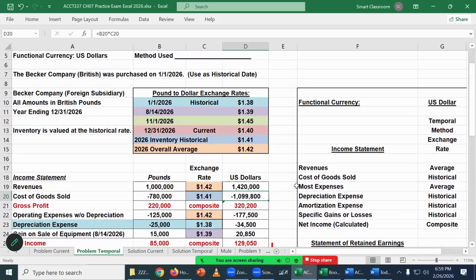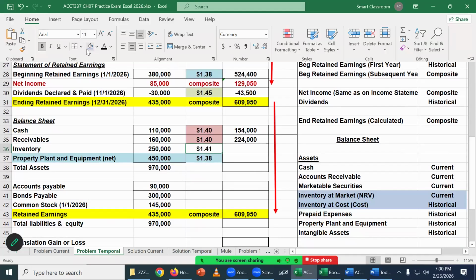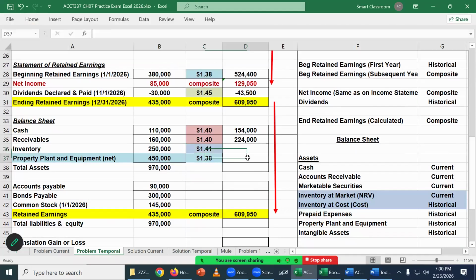Cost of goods sold, so we had a historical cost for inventory, 141. I'm going to cheat right now. I'm going to look and make sure that I didn't do something stupid again. Well, you know what?